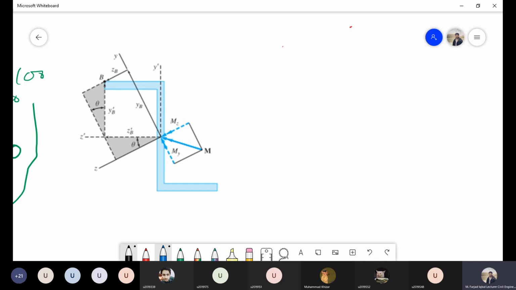So there are certain angles which I have explained कि ये कैसे, how this angle is theta, how this particular angle is theta, how this distance is YB dash, and why I am taking this inclined distance as YB, because it is same as this one.